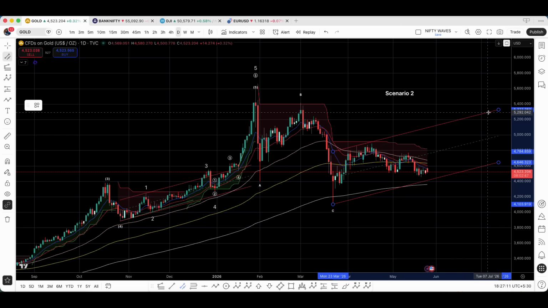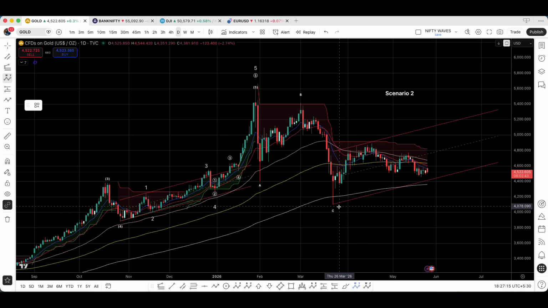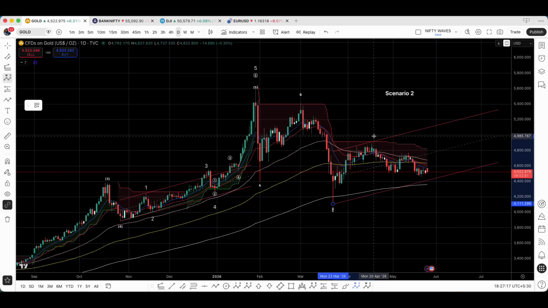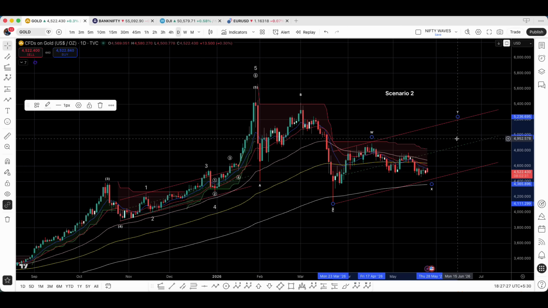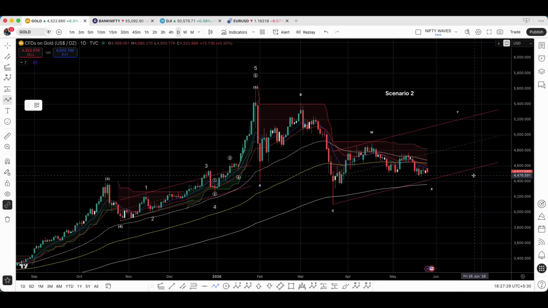So for example, if this is your channel, this would be your wave W. Maybe somewhere here would be your X, and over here would be your wave Y. So the path that we're looking at is maybe something like this, a move to around 4,400 before we go back upwards here.